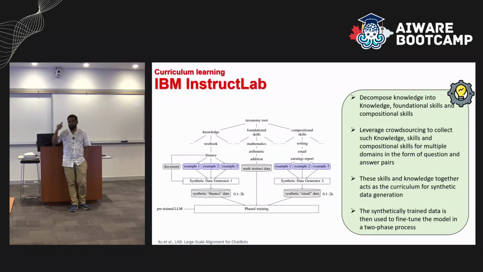And now it can synthetically generate data based on this curriculum, and that can be used for fine-tuning. While they have some shortcomings, it's a very, very good starting point. It's an open source project, and anyone can contribute skills and knowledge for any task. And so once you add it, you can start generating data synthetically.